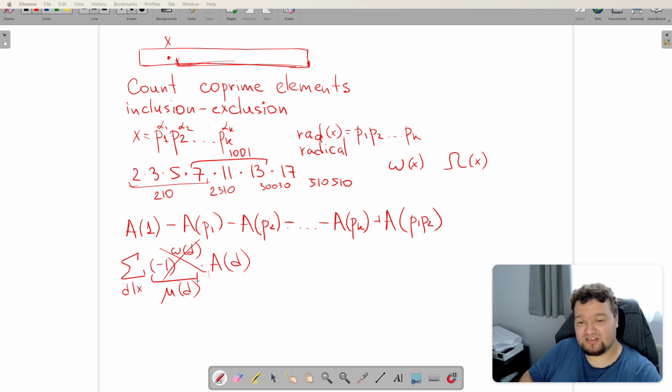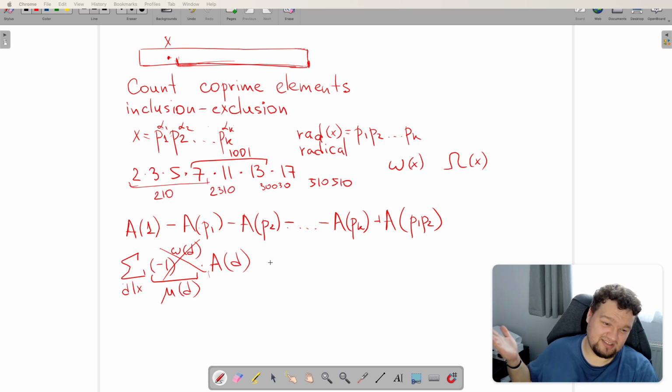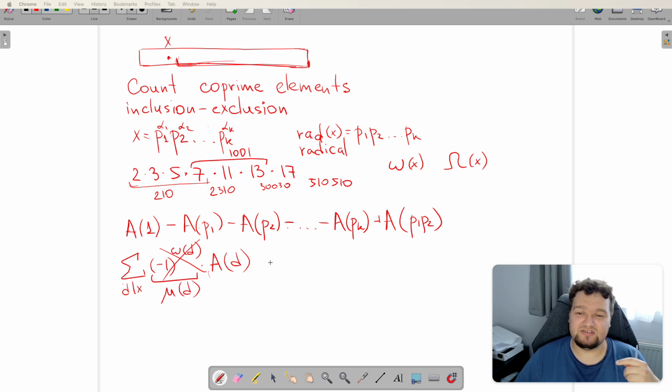And calculating this sum is also like, let's run through all the divisors and take this value that is calculated, take mu, we will also calculate it for simplicity, I guess, and calculate the sum. Now, if the sum is 0, then we don't have any coprime elements on the suffix.